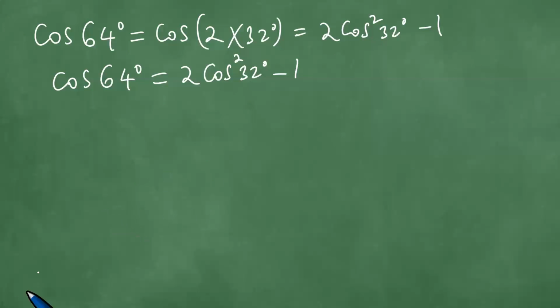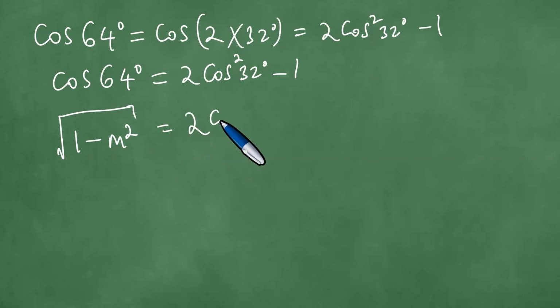So this becomes the square root of 1 minus m squared, which is equal to 2 cosine squared of 32 degrees minus 1.